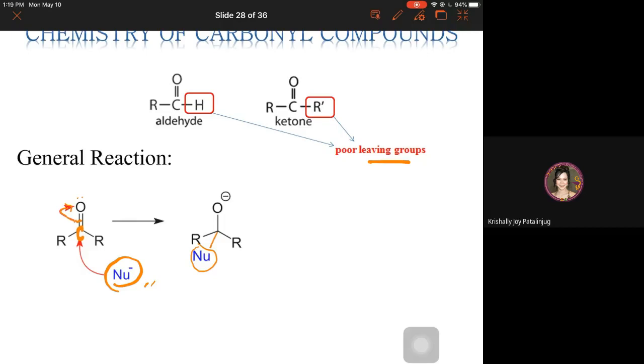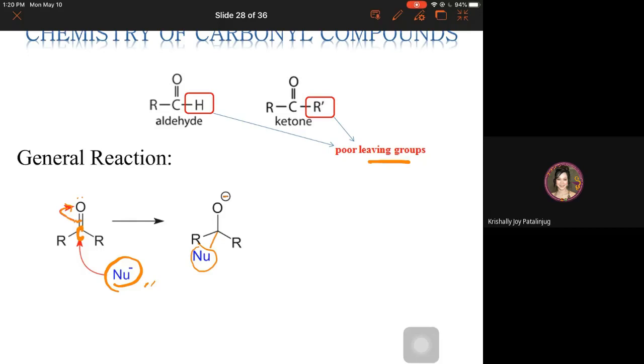Again, for ketone or aldehyde in the general reaction, upon the attack of the nucleophile, it will simply push the electrons from this pi bond into the oxygen. So the pi bond breaks. Okay? Then what will happen to the oxygen? It becomes unstable, because it only has one bond. Remember, the most stable number of bonds for oxygen is two.